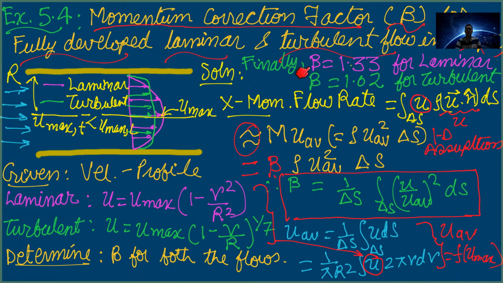For most problems, if the flow is turbulent, then your algebraic representation for momentum conservation is good. However, for laminar flow, there are certain inaccuracies in the predictions based on your algebraic representation. With this, I had come to the end of this tutorial video. Thank you for your attention.